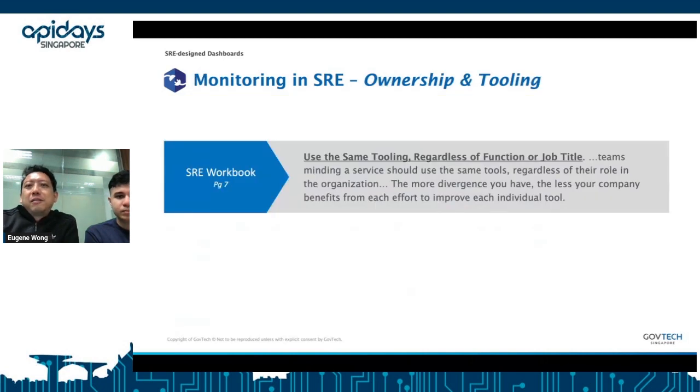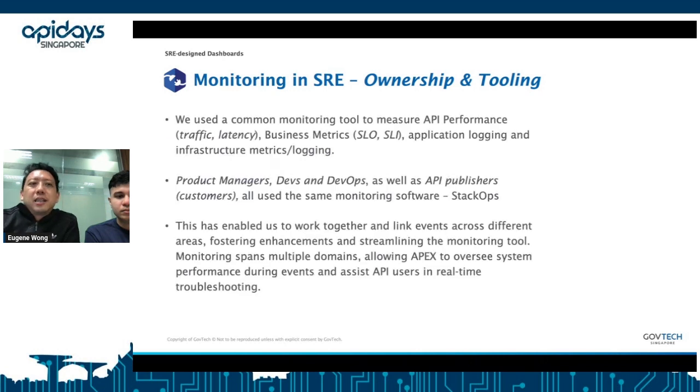Okay, the next principle which we are going to is actually ownership and tooling, which is to use the same tooling regardless of function or job title. So basically, how we implemented this in the Apex is that we actually use the common monitoring tool in order to look at business metrics, API performance, application, as well as infra logging.